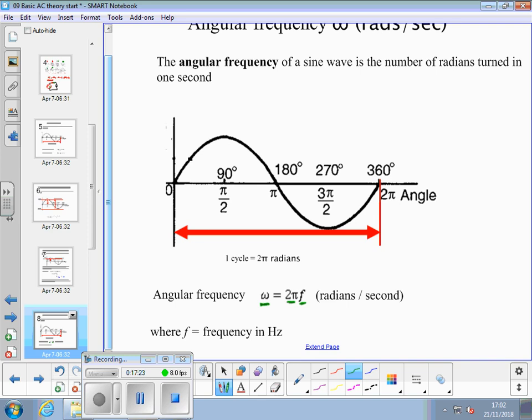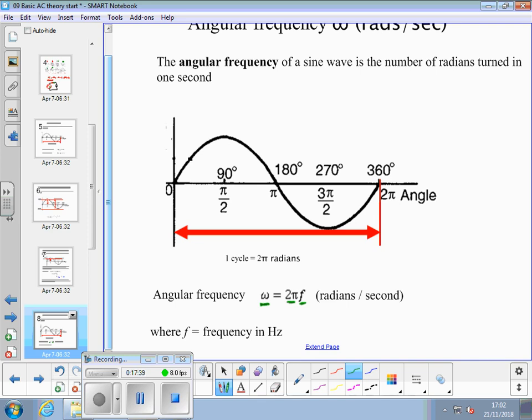Remember what the frequency is: it's how many times it goes round in 1 second. Omega is how many radians it travels in 1 second.